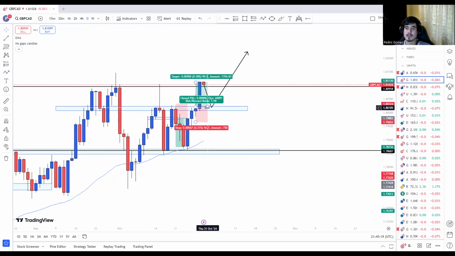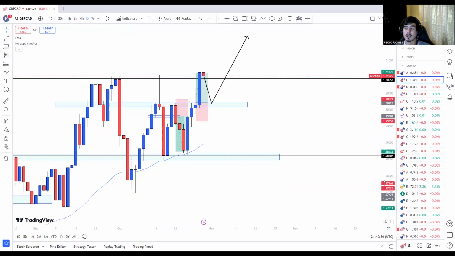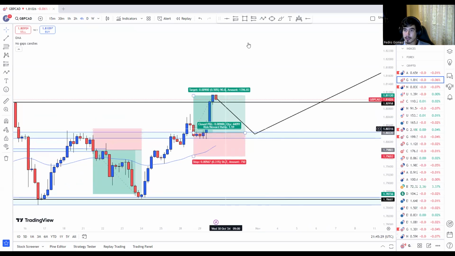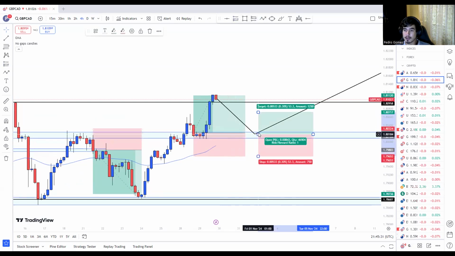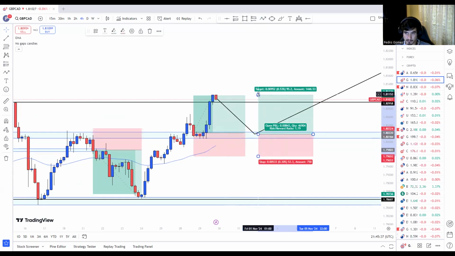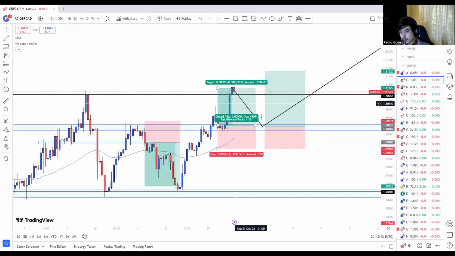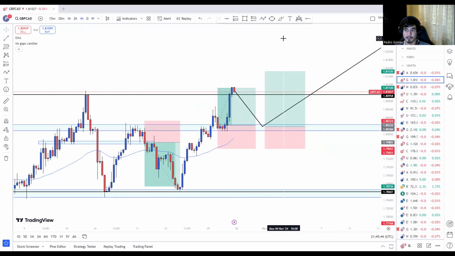I need the retests here on the daily time frame, so I can place a trade like this, something like that. I need the price to come back again and let the whole strategy play out, and then I do a trade with a higher risk to reward.